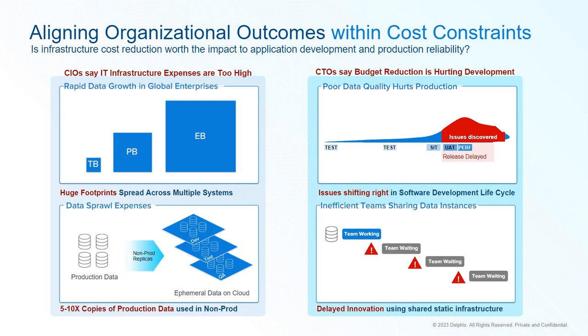On the CTO side, it's really about budget reduction: you, CIO, are asking me to cut, and it's hurting my development. We cannot be as agile as we wanted to be. We came to the cloud for that reason, and now all of a sudden we're trying to cut corners in the wrong places.